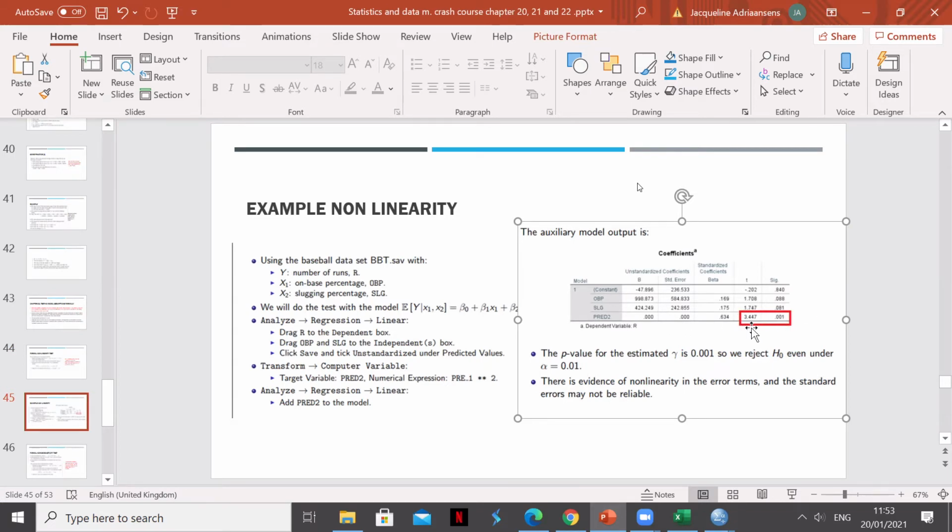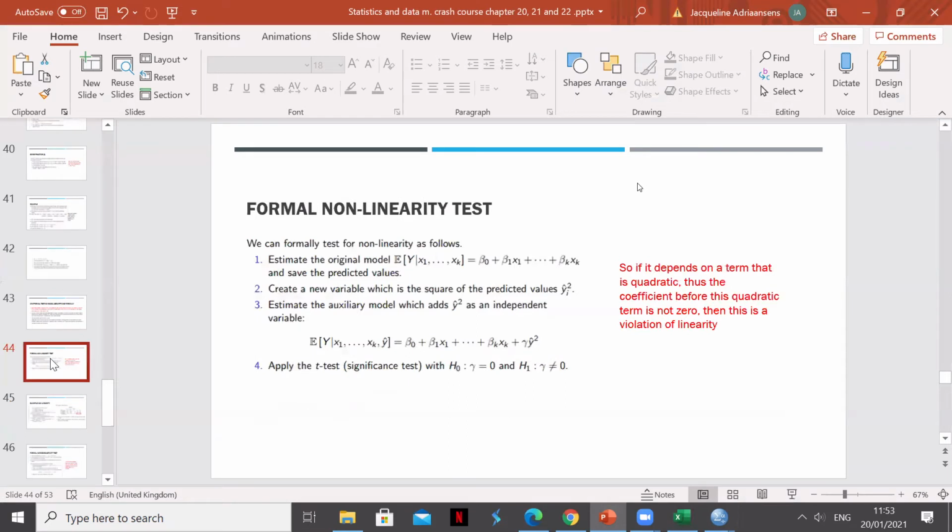So you reject H0, and if you reject this, you accept this one. And if you accept this one, what you're actually saying is that your coefficient is not 0. So it does have influence. And if it does have influence, then your y depends on a quadratic term.